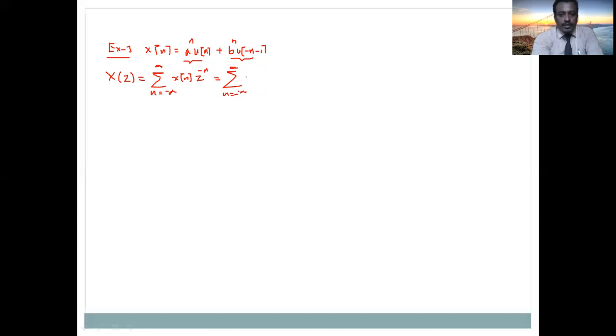What's x of n? a raised to n u of n plus b raised to n u of minus n minus 1, the whole multiplied by z to the power of minus n. This is the definition.